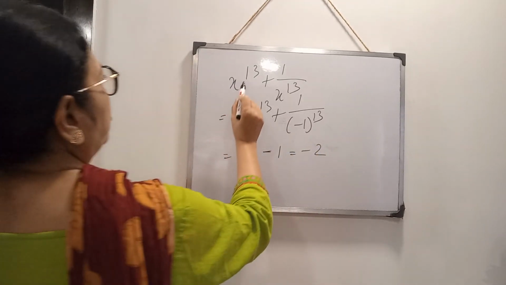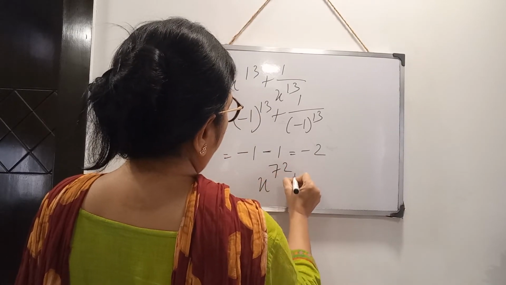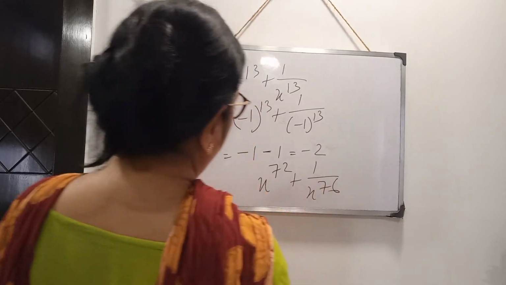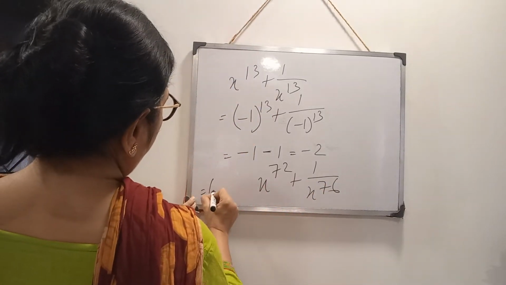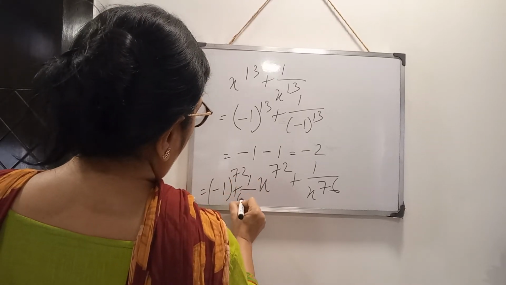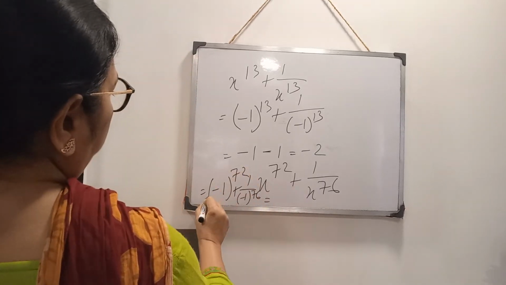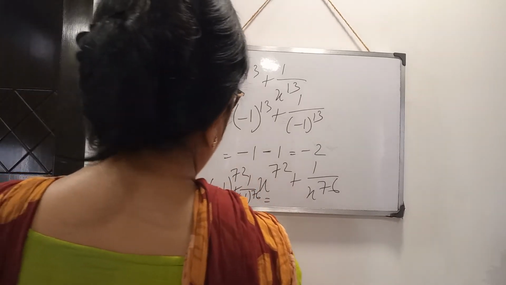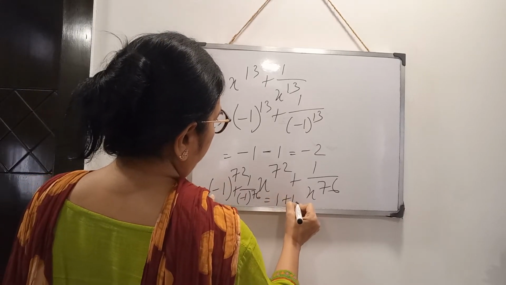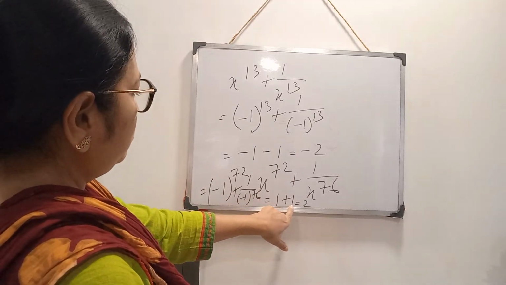But if you have to calculate the value of x to the power 72 plus 1 by x to the power 76, minus 1 to the power 72 plus 1 by minus 1 to the power 76, now you multiply minus 1 an even number of times, then its value will always be positive. So plus 1 you will get, and in that case your answer will be 2.